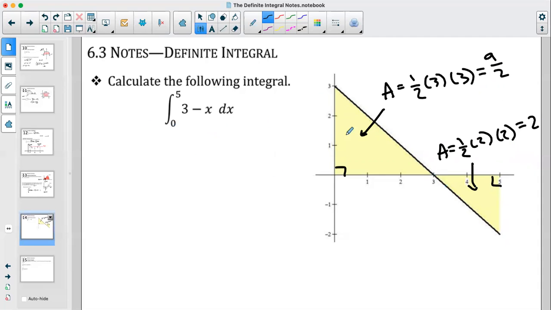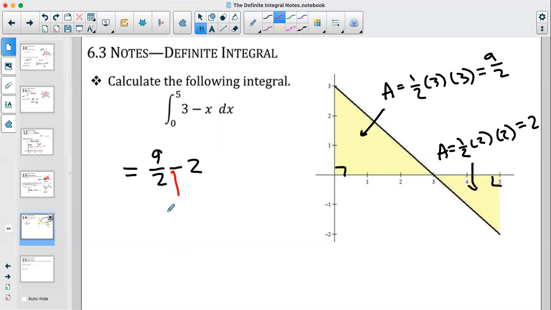But to find this integral, I have to pay attention to the fact that this 2 is really made up of a bunch of negative f of x's times delta x's. So this area is 2, but the integral will treat that area as though it is negative. So this will be 9/2 minus 2.